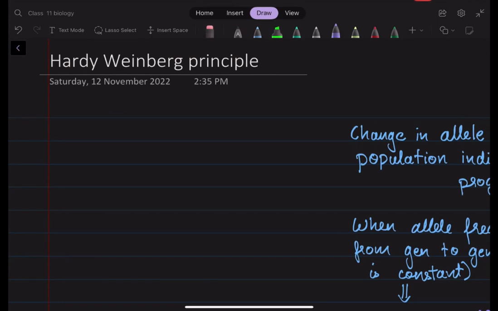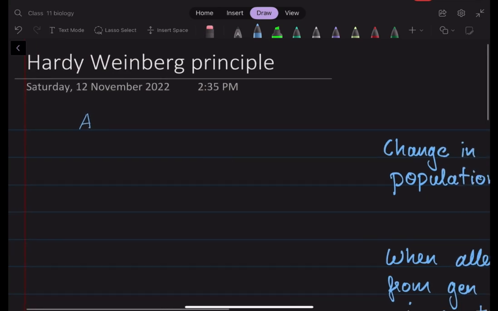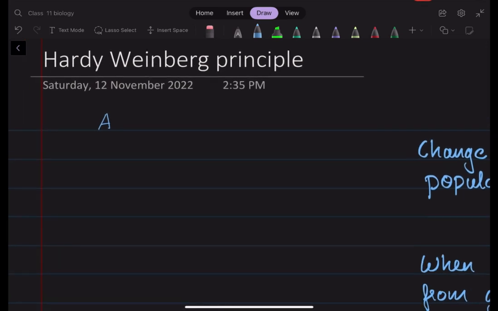So we know that a particular trait can be expressed in the form of letters, right? Let us take an allele A, okay? And we know that there can be three different types of genotypes for a particular character.